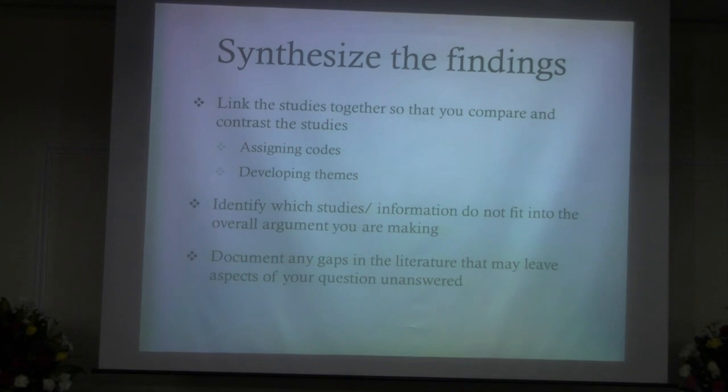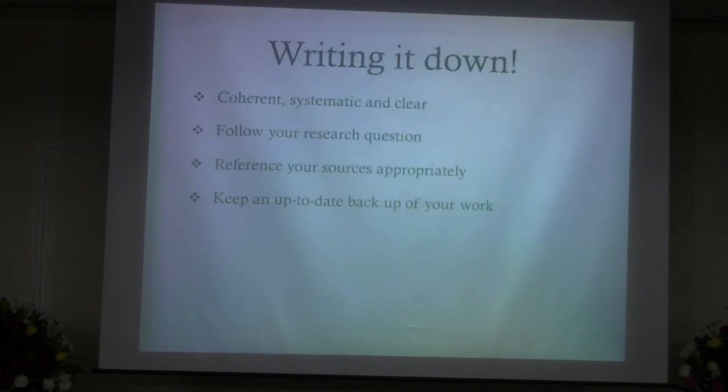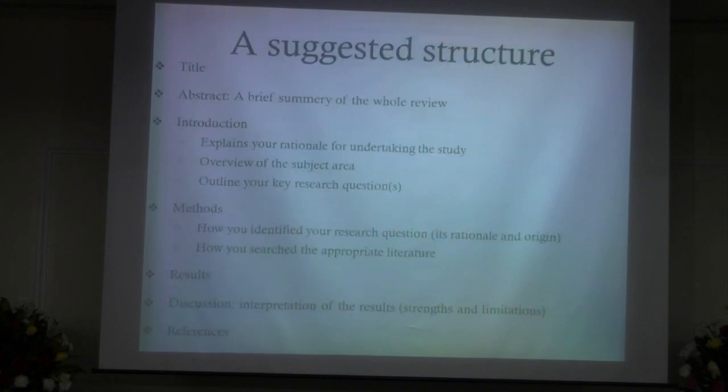And then identify these studies and document the gaps in the literature that you faced with all the literature collected. And then you have to write it down, coherent, systematic, clear, English, not Swahili, I hope. Follow your research question, keep it up to date and back up everything that you write down so you won't lose it and then sit and cry.